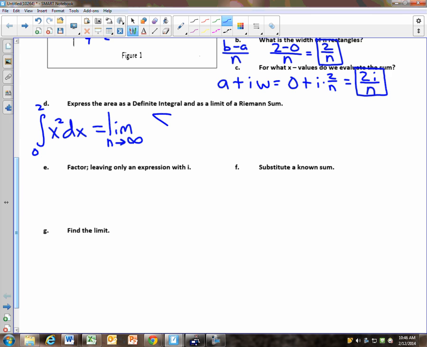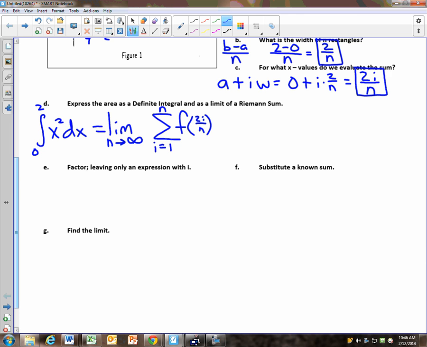Times the sum of all the heights. I start with the first rectangle. I go to the nth rectangle. F of, what is the x value at which I evaluate the height? 2i over n. Times delta x.